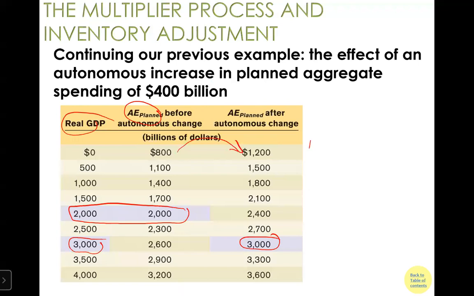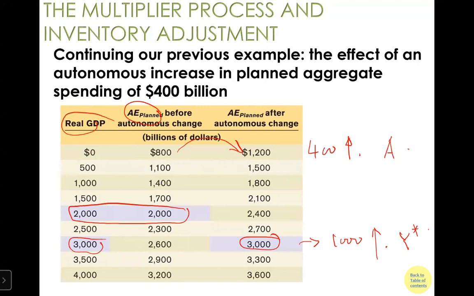So by the way, this 400 increase in autonomous spending leads to a 1,000 increase in Y star. Again, what is Y star? Y star is the level of GDP, or level of income, or level of aggregate expenditure that comes out of the income expenditure model, right?